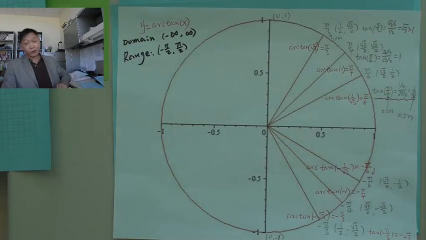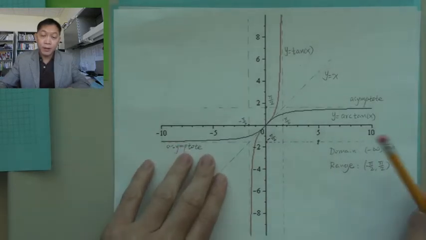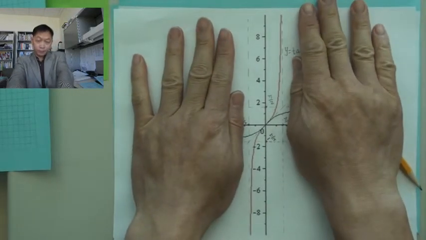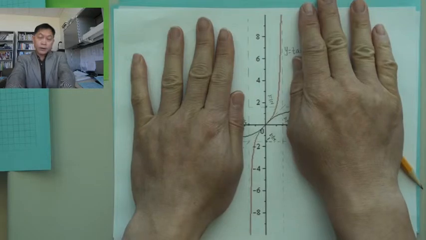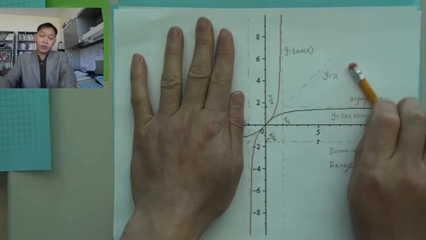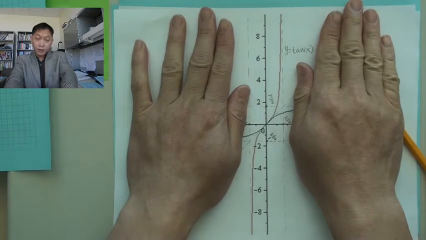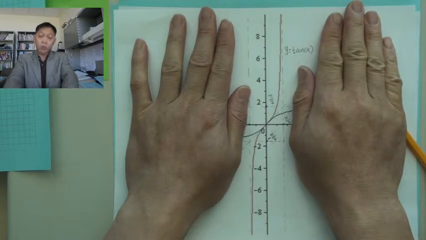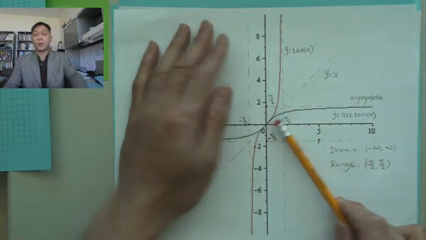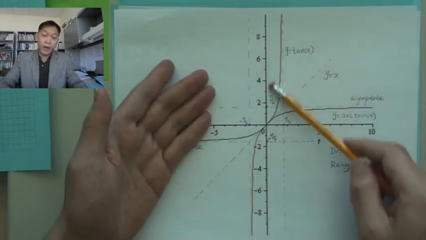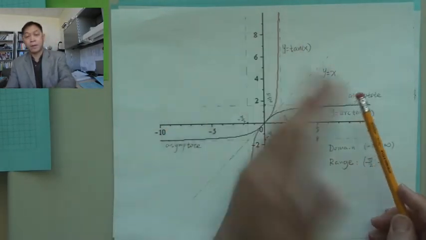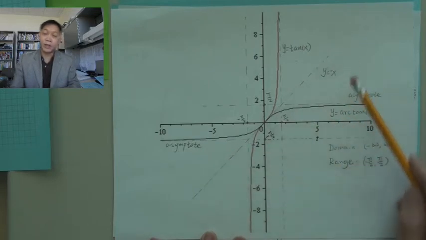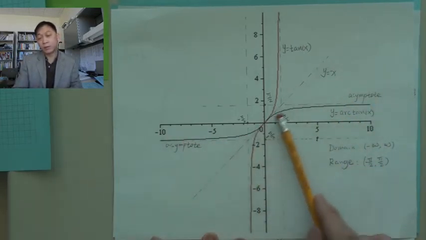And then, how about the pictures? Again, this was tangent, and this was y equals x, this line. The inverse function of tangent x, which is arctan x: the graph of arctan x is you flip this red one based on the y equals x line, you will get that.